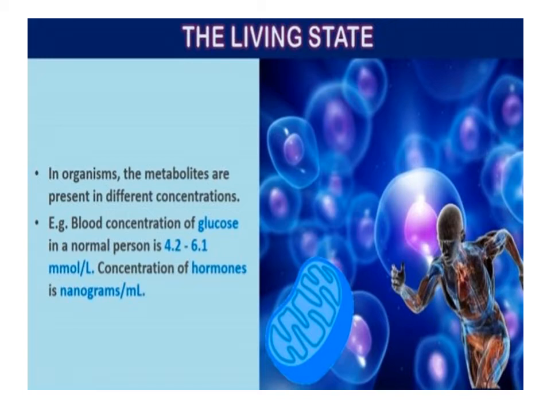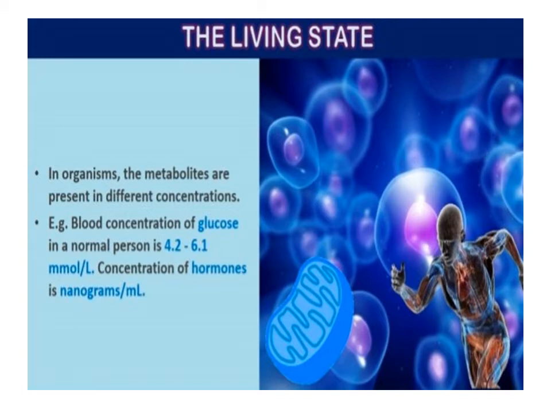The living state. All living organisms exist in a steady state, characterized by constant concentrations of various types of biomolecules or metabolites. For example, blood concentration of glucose in a normal person is 4.2 to 6.1 millimole per liter.